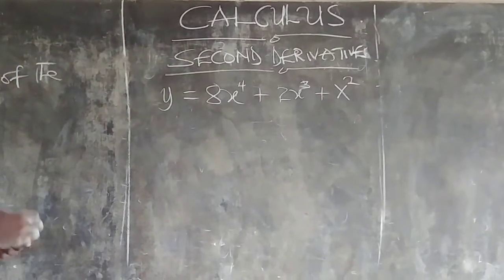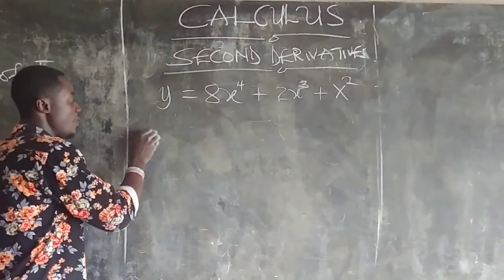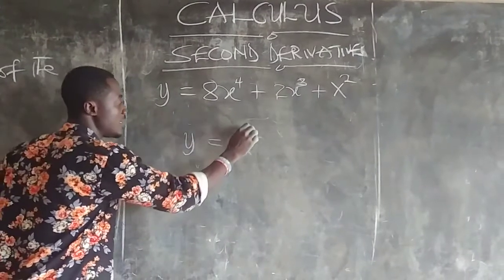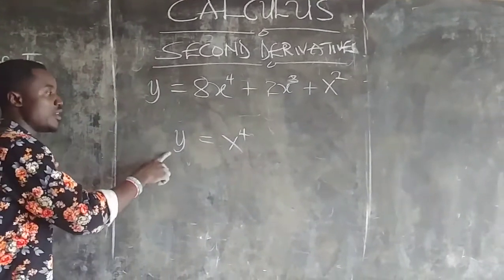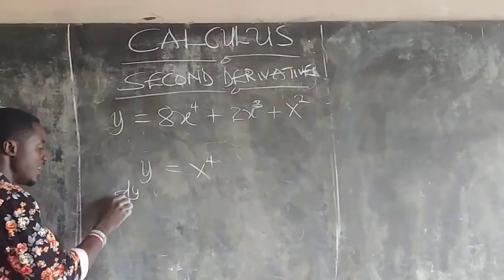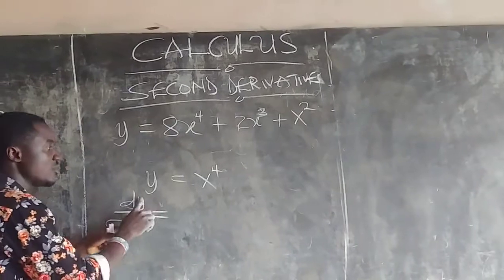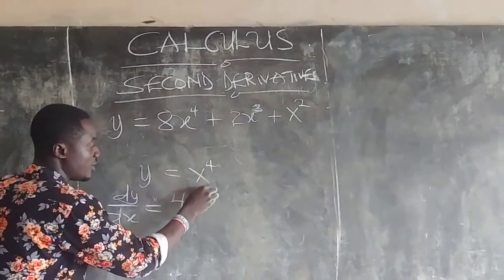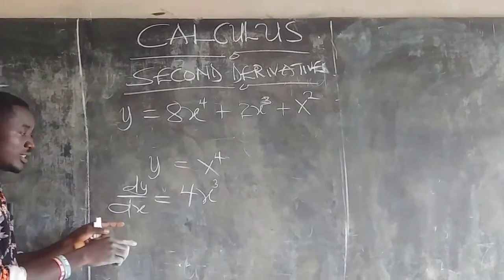So for second derivative, before we come to this one, let's say we have y is equal to x exponent 4. If you have y is equal to x exponent 4, then your dy/dx is equal to 4x exponent 3.